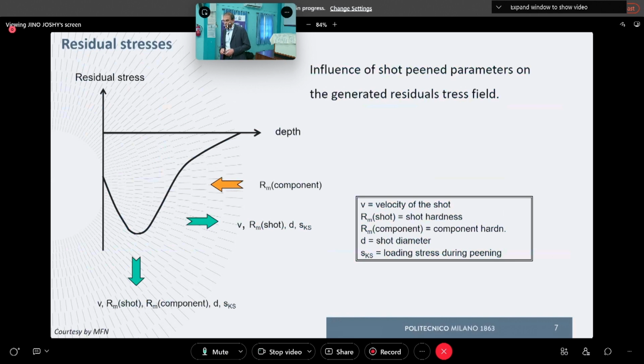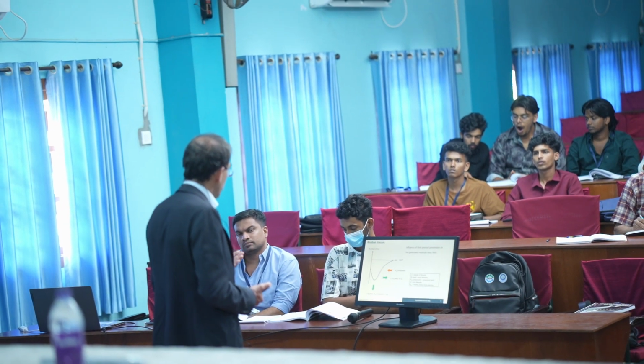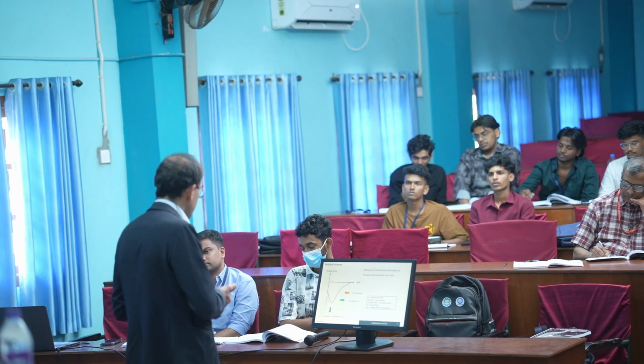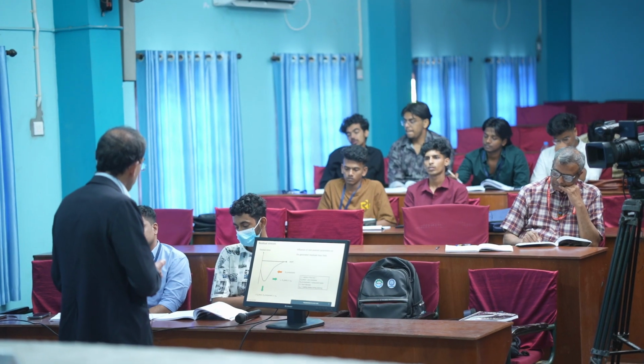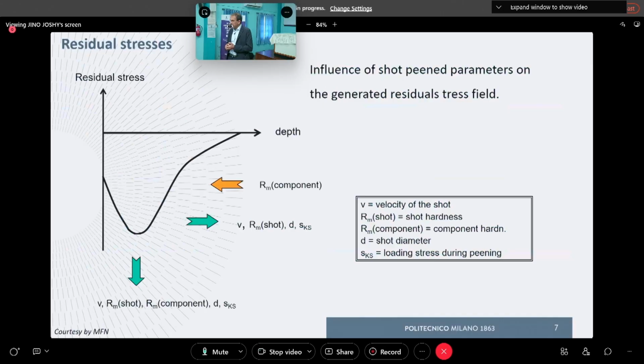And the depth at which the maximum compressive stress occurs is also influenced by what? By the velocity of the shot. An increased velocity increases the depth where the maximum compressive residual stress is, and so does the diameter of the shot, and again the SKS. If the component's UTS, Rm, increases, in this case the maximum residual stress depth is going to decrease.